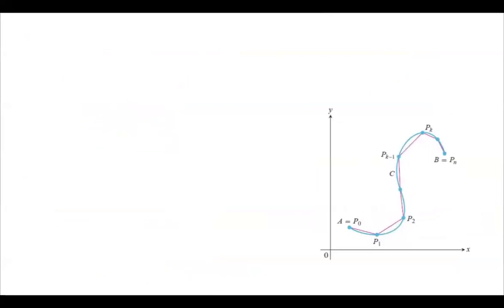Now, if you have a curve in general, starting at the initial point p sub 0 and going to the terminal point, p sub n, to approximate the length of this curve, we can divide this into smaller line segments, connecting these points together.